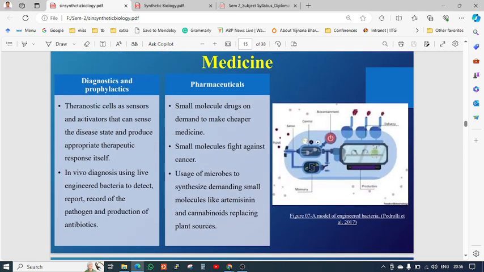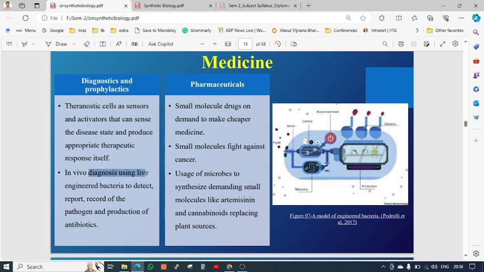Next application is medicines. So design of proper medicines and vaccines we already discussed. Diagnosis, prophylactics and pharmaceuticals: in these cases also synthetic biology is applicable. Cell sensors and activators that sense the disease and produce the response themselves. That means diagnosis of some diseases can also be done by these synthetic applications.